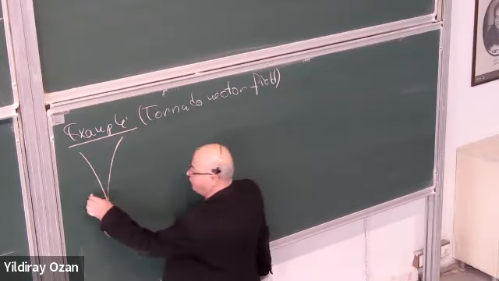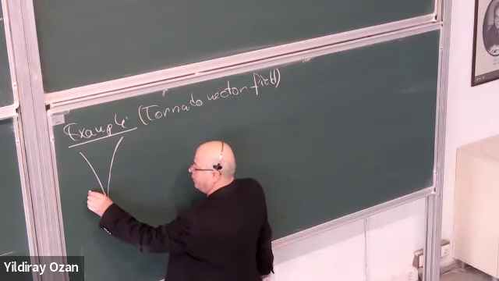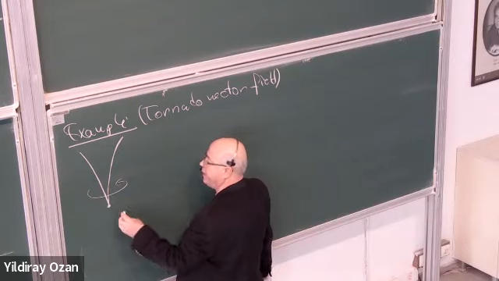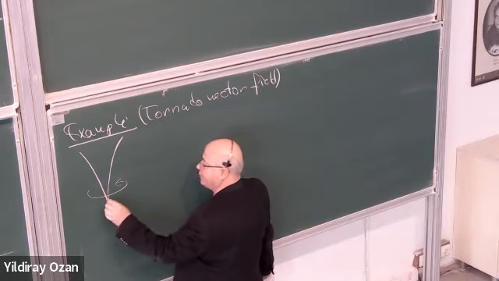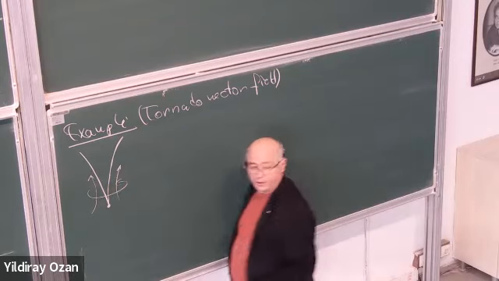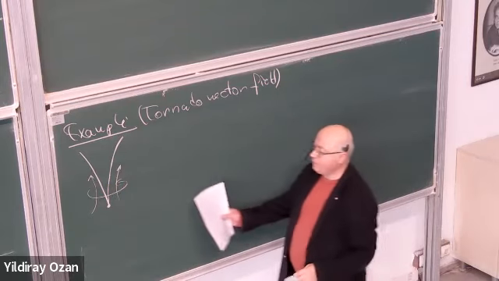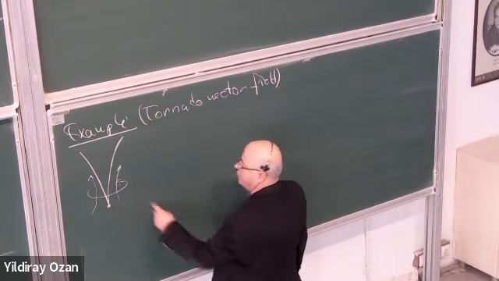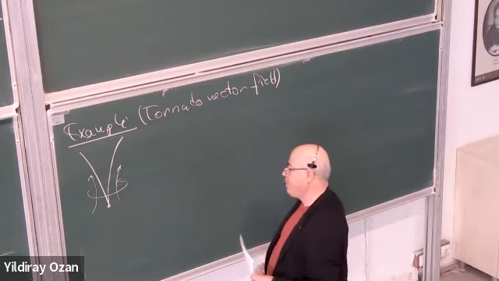So what kind of vector field is this? There are winds going like this, let's say, and it goes like this, and it also goes up, right? So how can we write down a vector field which models this mathematically?